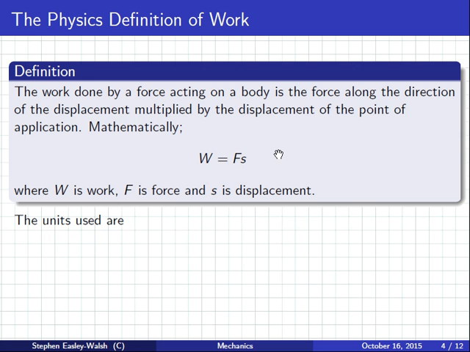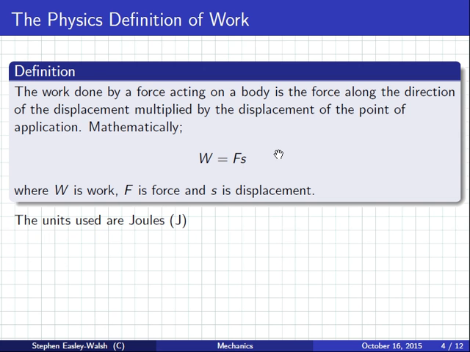We got this? So, what is the unit for F? Newton. And the units for displacement? Meters. So therefore, the units for work is what? Newton meter.